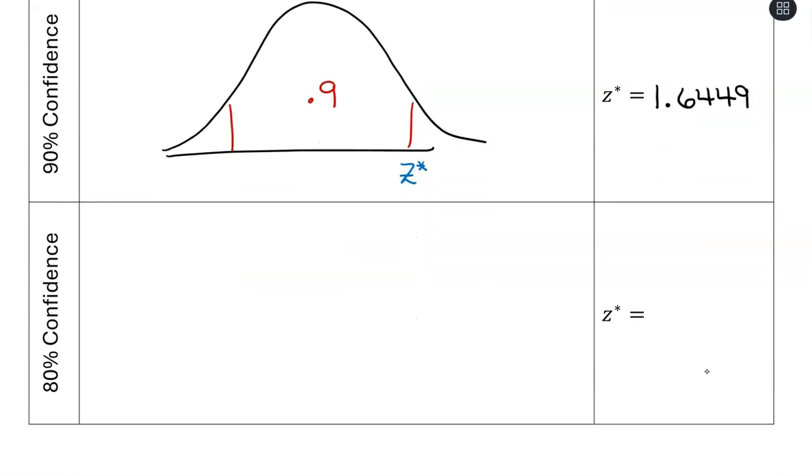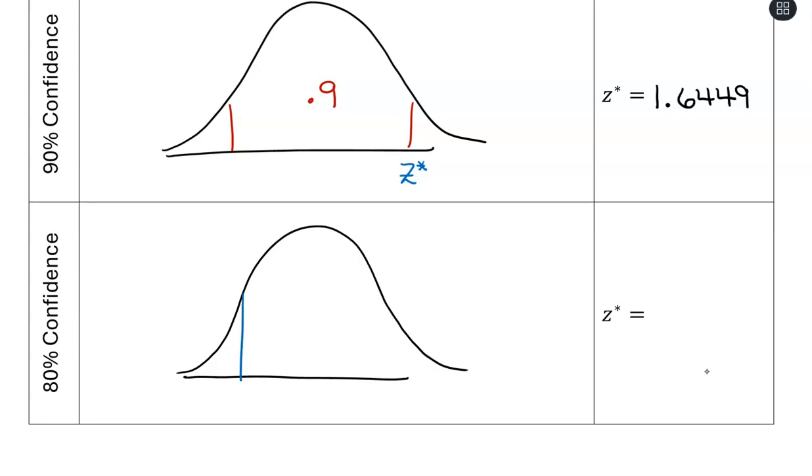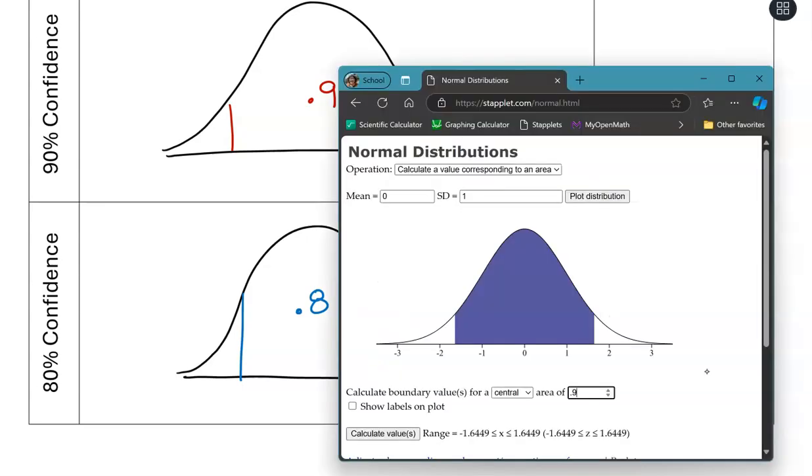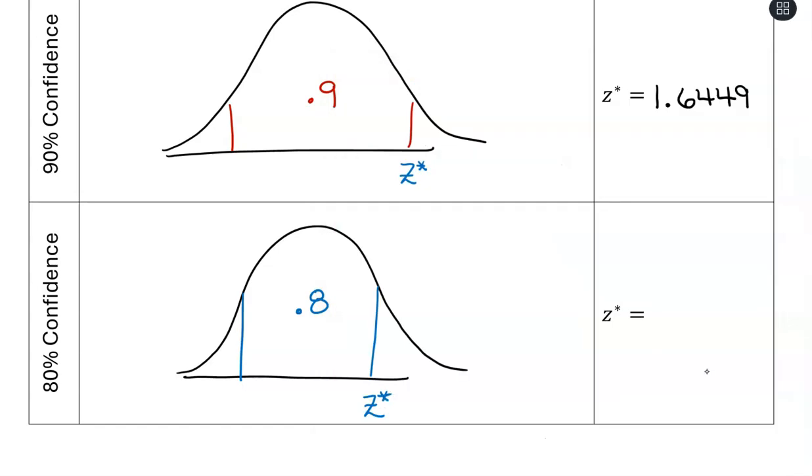And then for 80%, same process, but now we have an even smaller area with 0.8. And finding that critical z-score off to the right there. So I'm just going to change my area to 0.8, and we get a 1.2816.